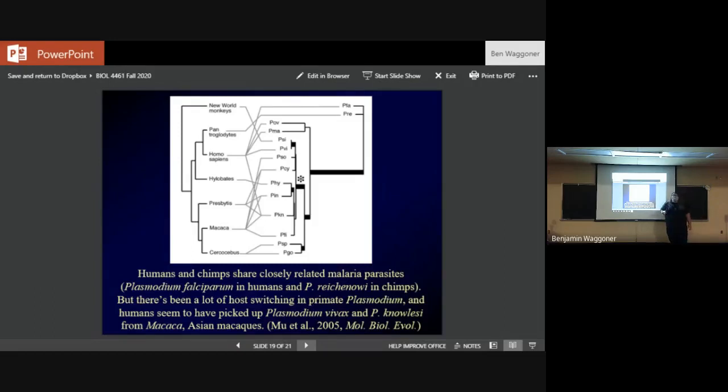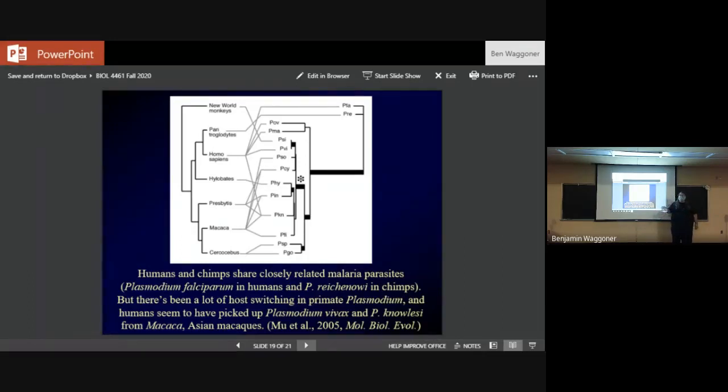But the other 4 human malarias are the product of host switching. We seem to have gotten P. vivax and P. knowlesi not from chimps, but from macaques, small monkeys. And exactly how that happened, I'm not sure.